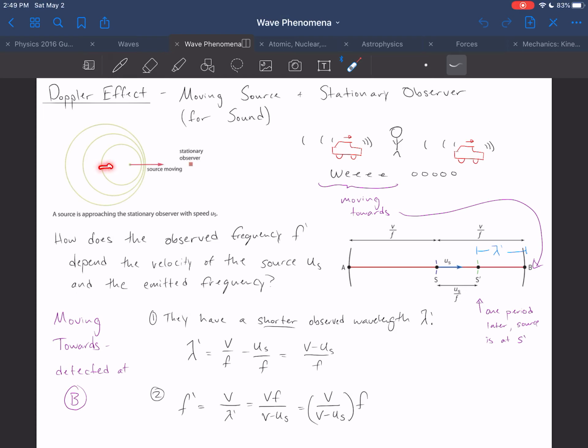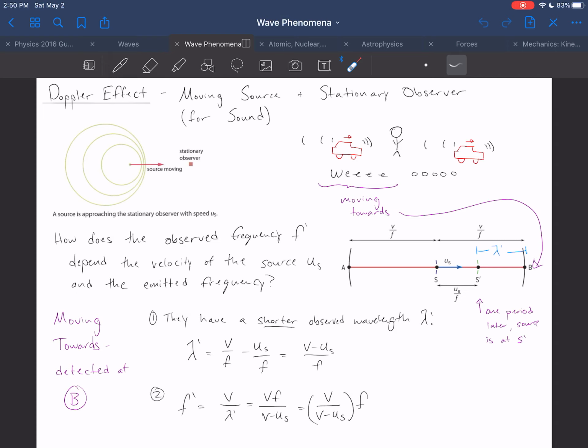But then the source moved a little bit, and when it moved, the center of the second wavefront moved with it. As a result, that wavefront is sort of bunched up against the leading edge of the first wavefront, and so on and so forth. And so what you get is sort of a whole bunch of wavefronts bunched up over here in the direction of the motion of the source, and sort of more spread out wavefronts in the opposite direction of the movement of the source.